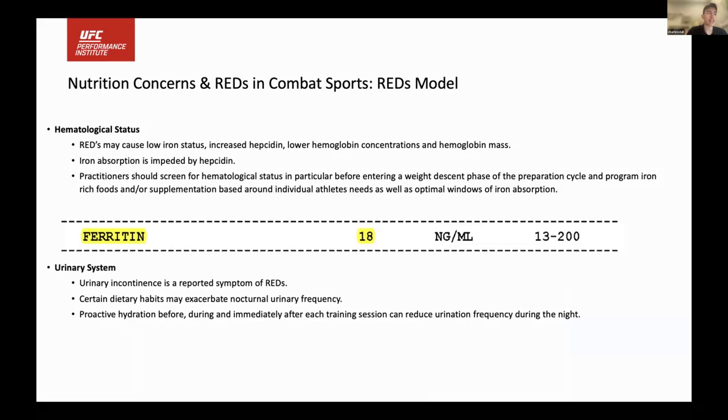And combat sports athletes, in particular MMA athletes, adopt multiple training sessions per day, in addition to supplemental aerobic exercise to increase their energy expenditure. The frequency of training, as well as the adoption of red meat phobic dietary patterns, can further inhibit heme-rich food sources and thus their absorption.